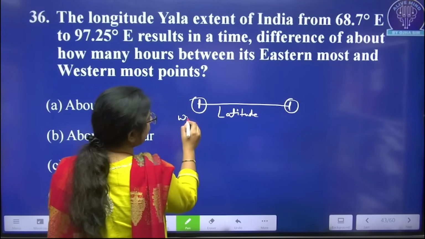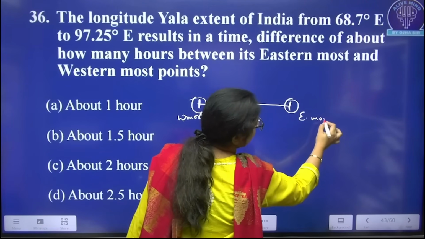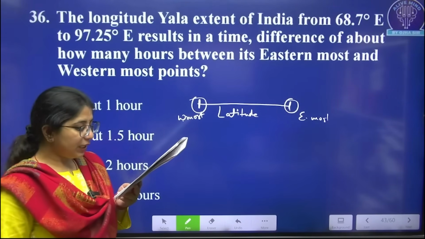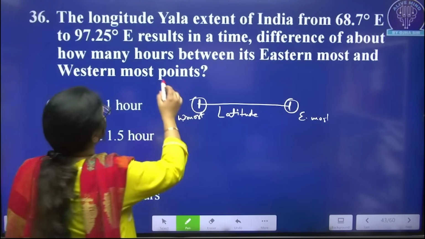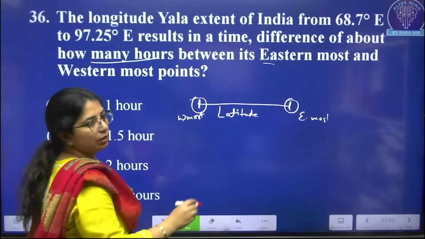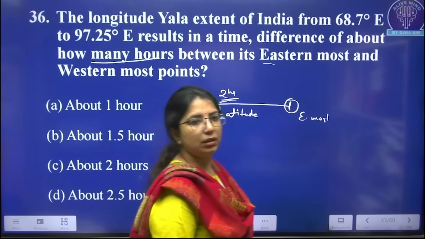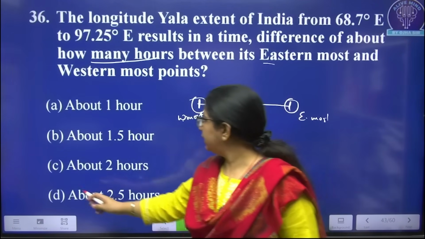This is the westernmost point and this is the easternmost point. Now what they are asking is, difference of about how many hours between the easternmost and the westernmost. NCERT's fact, it is around 2 hours difference. Around 2 hours. So the answer is C.